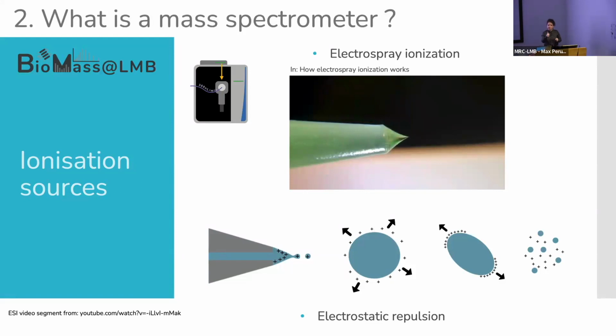So when you apply a very high voltage, and you have a lot of electrostatic repulsion as well, it forms this cone. At the tip of the cone, it starts releasing very small droplets, and the electrostatic repulsion of your analytes drives these droplets smaller and smaller until you have individualized ions that then go inside the mass spec.